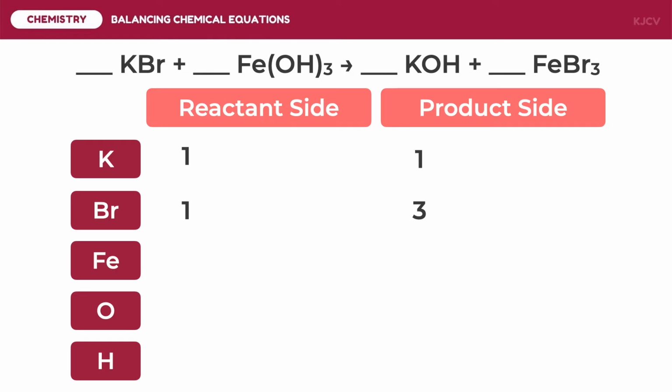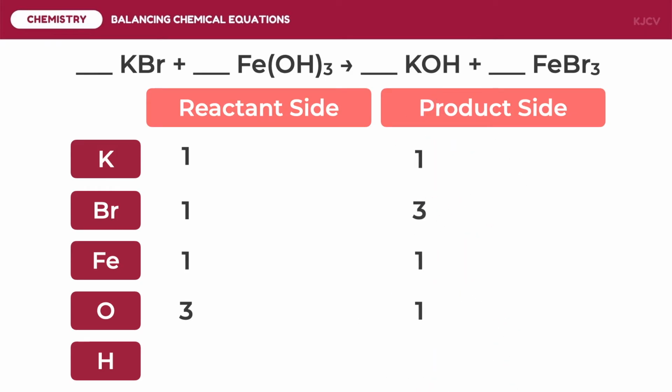Iron has 1 from the reactant side from iron 3 hydroxide, and 1 on the product side from iron 3 bromide. For oxygen, in the reactant side, it is found in the parenthesis with the subscript of 3. Thus, we multiply 3 to each subscript. This gives us 3 oxygen in the reactant side. For the product side, we have 1 oxygen in potassium hydroxide.